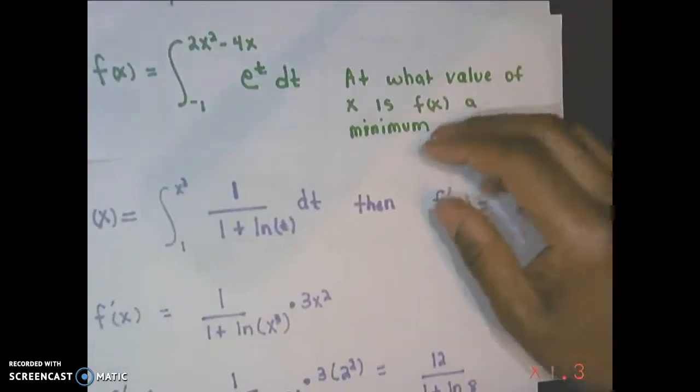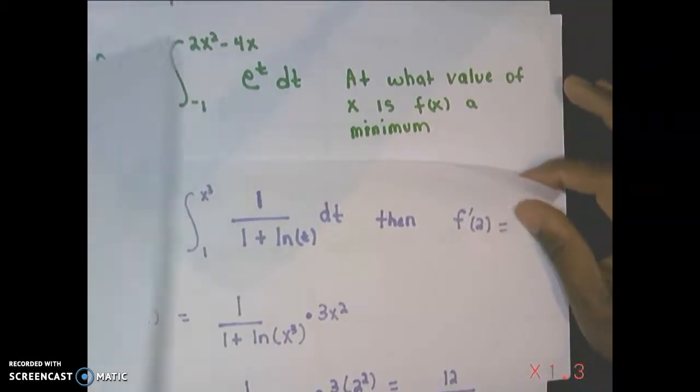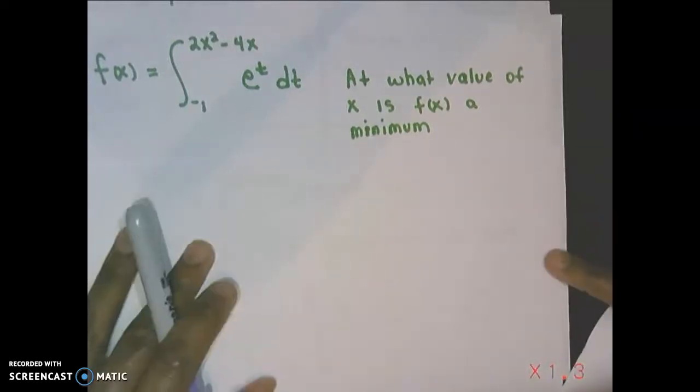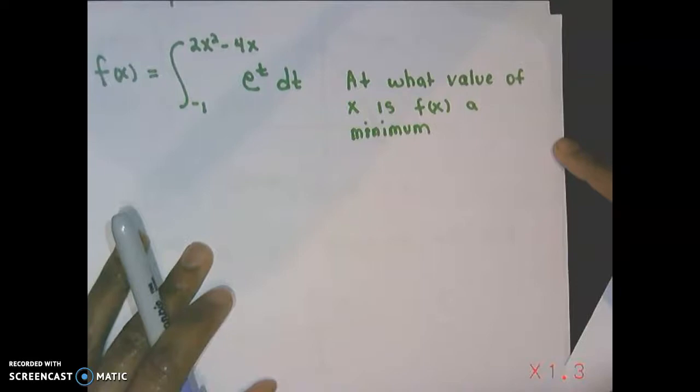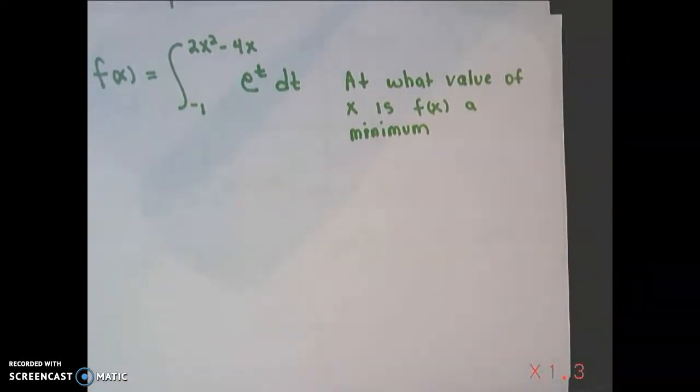Now this one is asking us to find the minimum. It says, at what value of x is f of x a minimum? In this particular case, when we're trying to find minimums, that's where we find critical values.